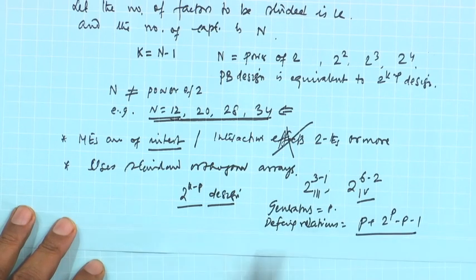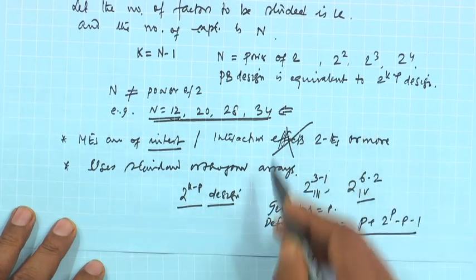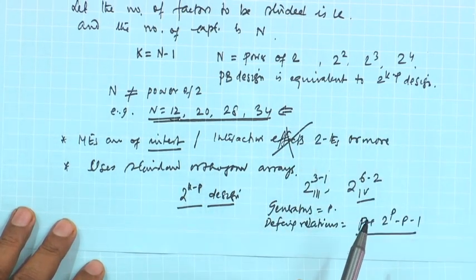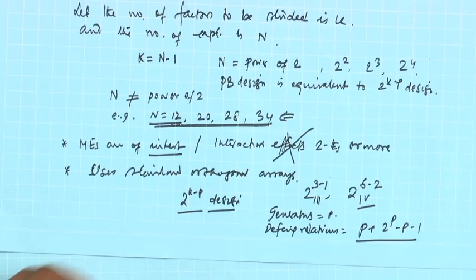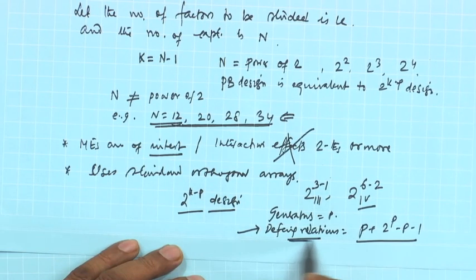But in Plackett-Burman design, the defining relations are not available.